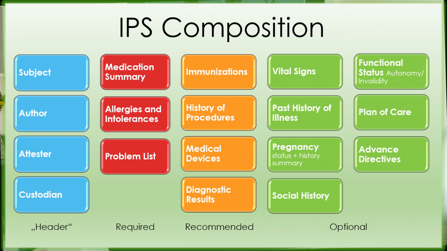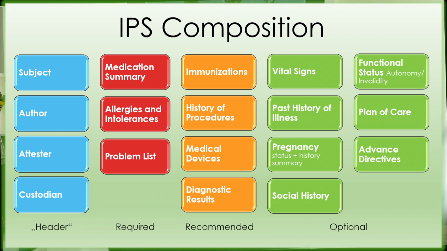That's great if they can include it, but we have to keep in mind that not everyone has that. So the working group has identified for the required section that a medication summary be included, information on allergies and intolerances, as well as a problem list, which is a list of current active diagnoses and conditions that the patient has that are relevant to the receiver.